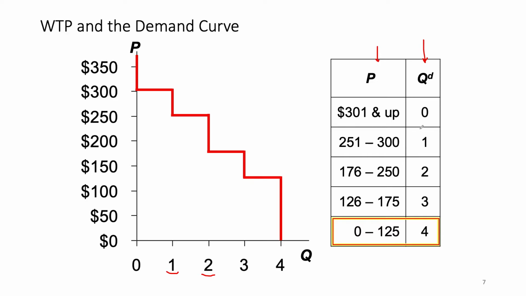Then you look at a different price range and ask these same consumers, if I charge you somewhere between $251 and $300, how many units would you be willing to buy? And through that, you can ferret out what the demand curve looks like for that particular product in the market. So the willingness to pay is the starting point to generate the demand curve.